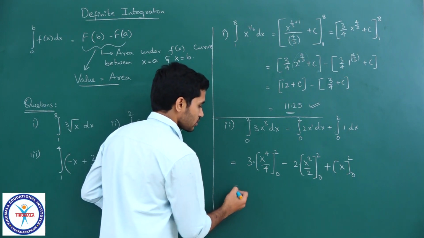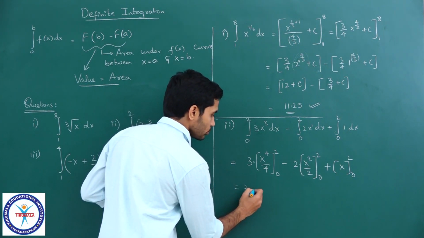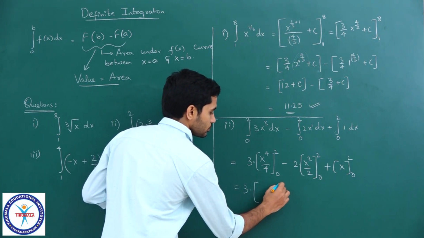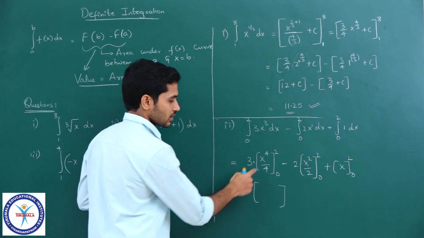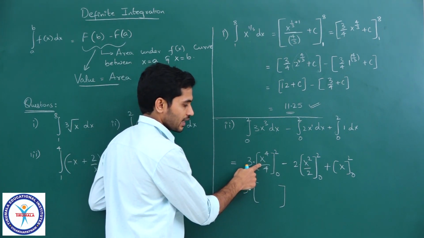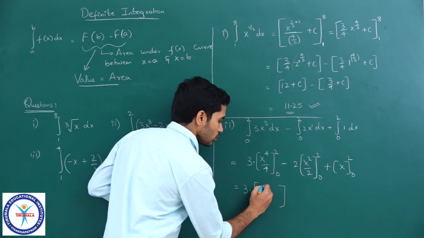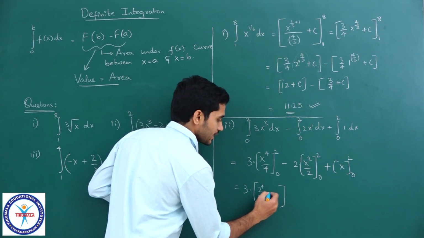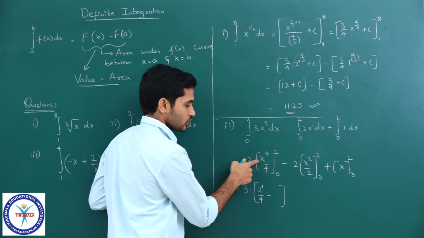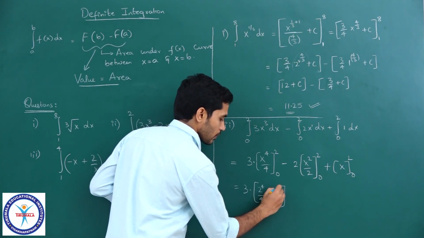So, this can be understood as 3 into, how should I write this? First I will substitute 2, I will get 2 power 4 by 4 minus I will substitute 0, 0 power 4 by 4.